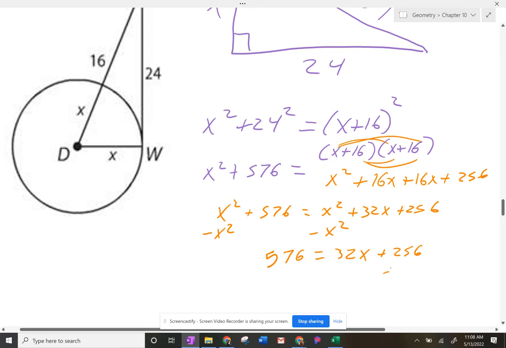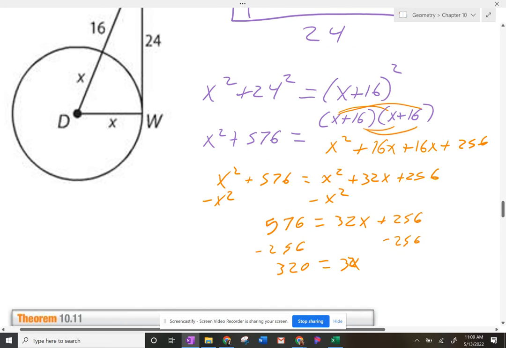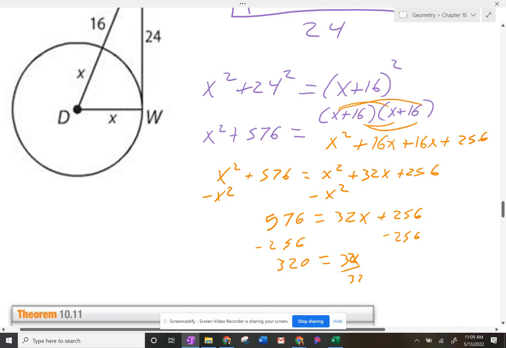Now it's just algebra. I'm going to minus 256 from both sides. Minus 256, I get 320 equals 32x. Divide both sides by 32. X is going to equal 10. You'll have one like that.